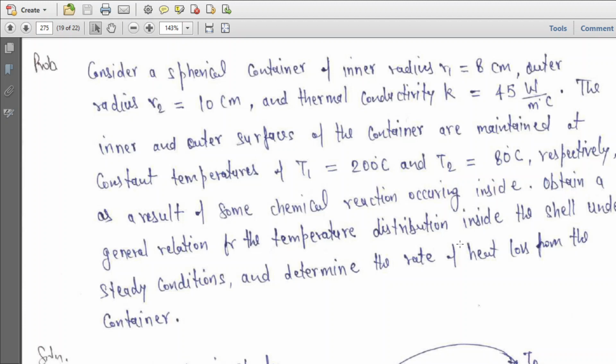The inner and outer surfaces of the container are maintained at constant temperatures T1 and T2 of 200 and 80 degrees Celsius respectively. As a result of some chemical reaction occurring inside, obtain a general relation for temperature distribution inside the shell under steady conditions and determine the rate of heat loss from the container.